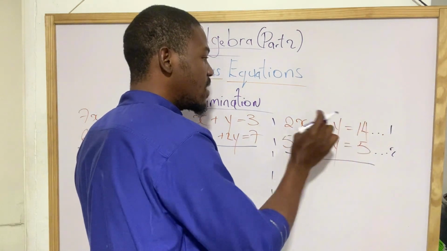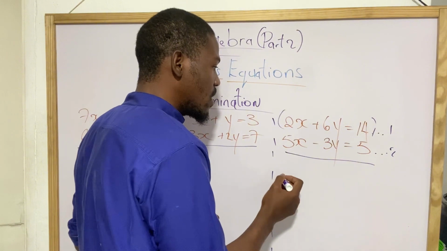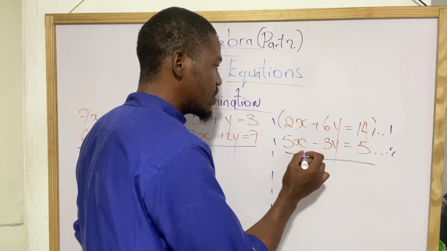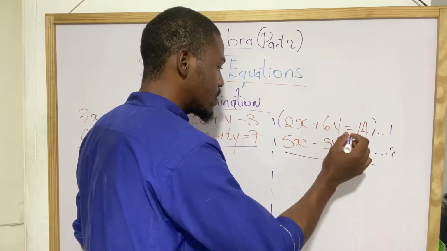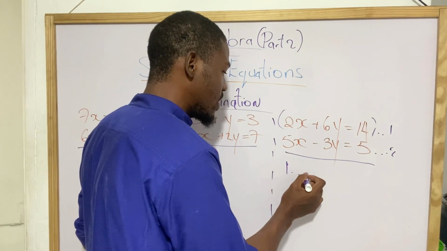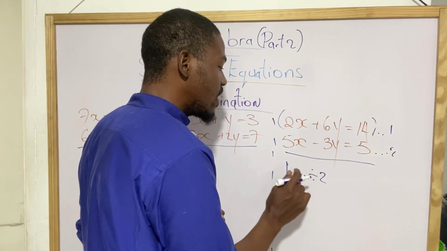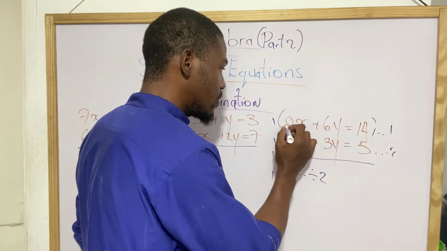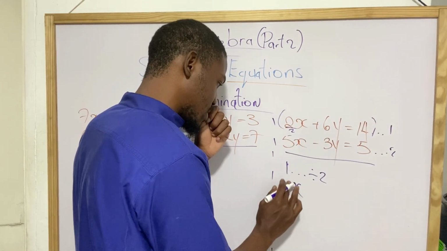So we can see that this entire equation can be divided by 2, so I could simply divide it. I'm going to take equation 1 and divide it by 2. In dividing equation 1 by 2, 2 into 2 gives me 1, so that's 1x, or just x.